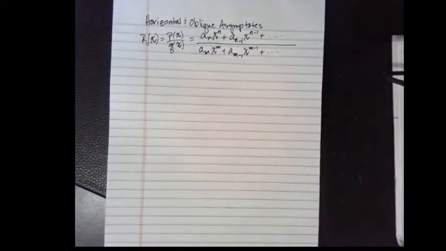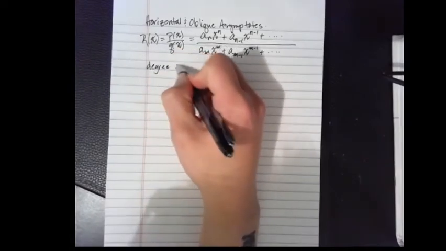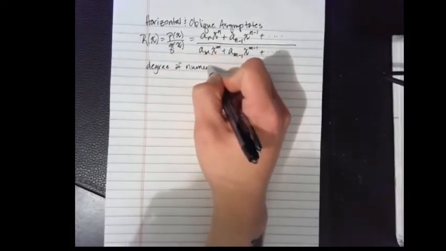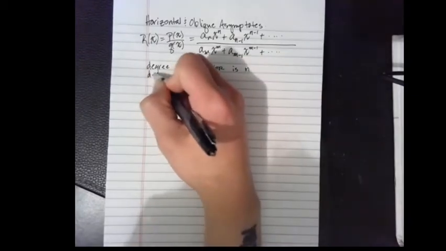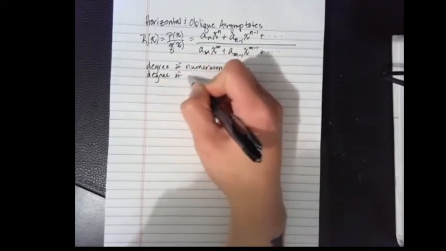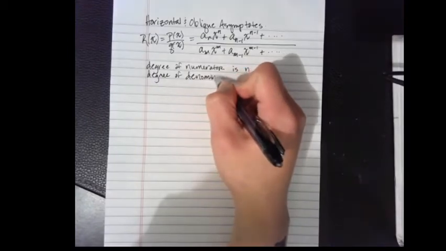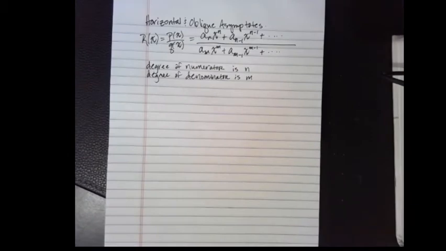So the degree of the numerator is n, and the degree of the denominator is m. We don't know what n and m are, but since we're talking about rational equations, we know that they're positive integers.